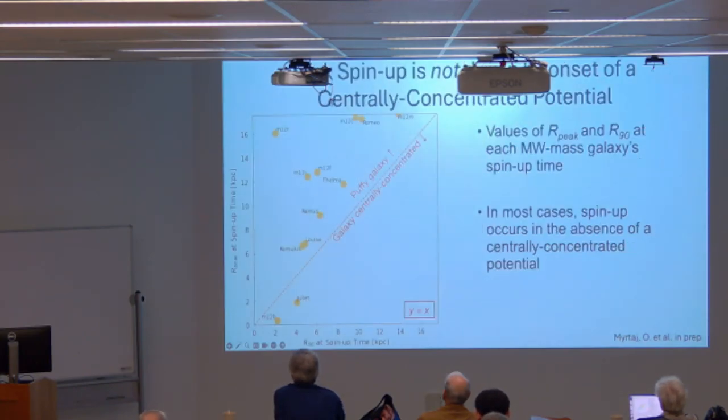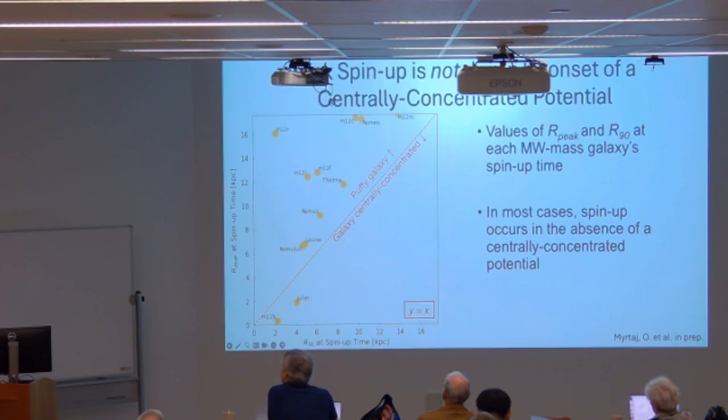So we've extended this analysis from just the one Milky Way mass simulation to the full simulation suite we're working with. And here I've plotted the values of the rotation curve peaks for these 12 halos versus R_90 at spin-up.